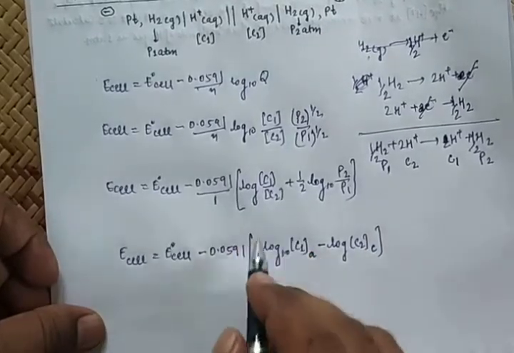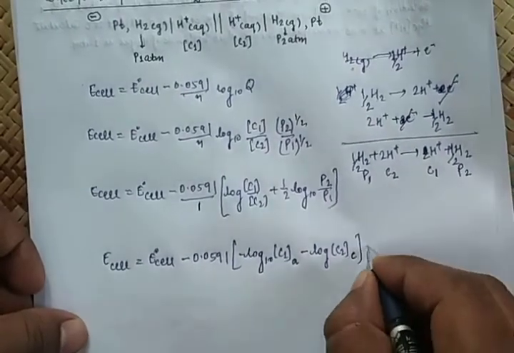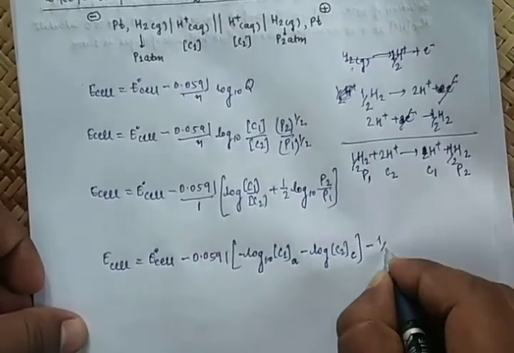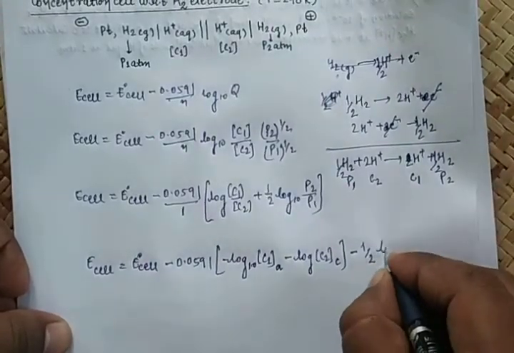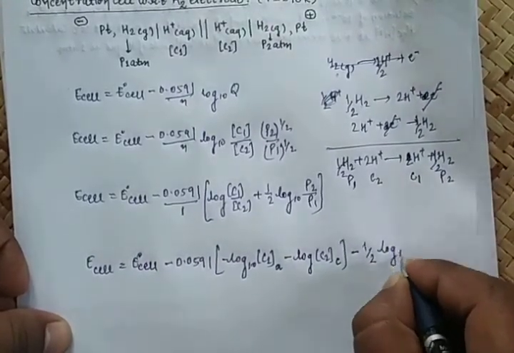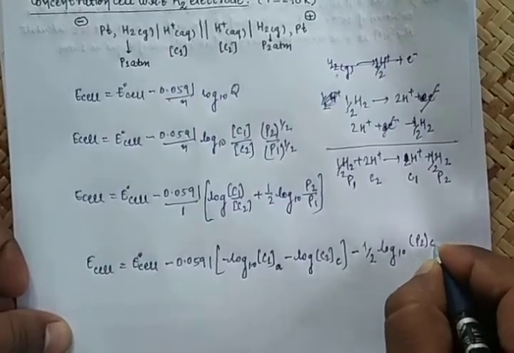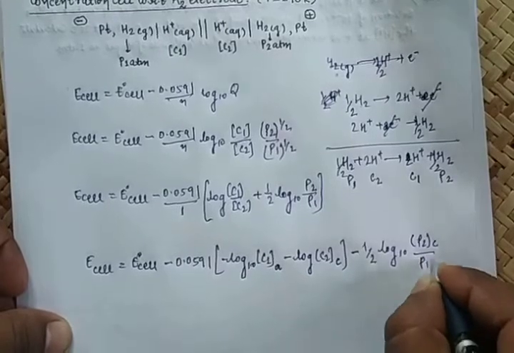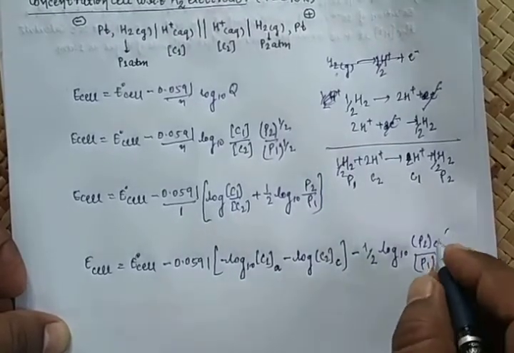Just multiply. Now again multiply by minus half log of base 10, this is P2 for the cathode and this is P1 for the anode. Clear?